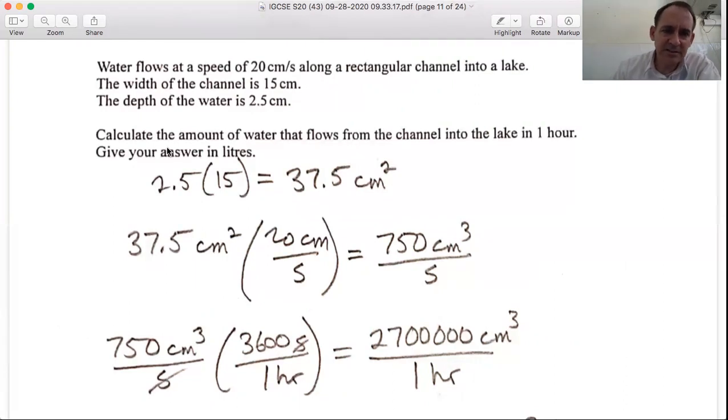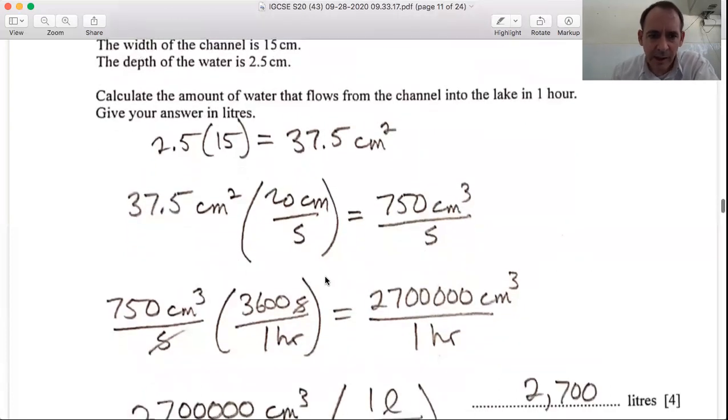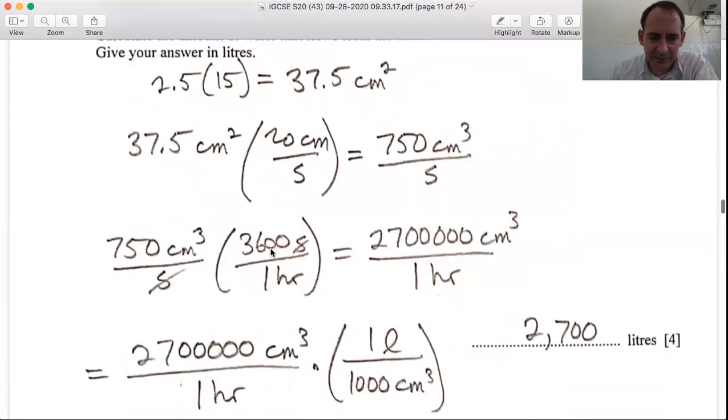And it wants us to figure out how many liters in 1 hour. So we take our seconds, we have to multiply by 3,600 seconds in 1 hour. That's 60 times 60. 60 seconds per minute, and then 60 minutes per hour. So that gives us 3,600 seconds for 1 hour. So the seconds cancel out.